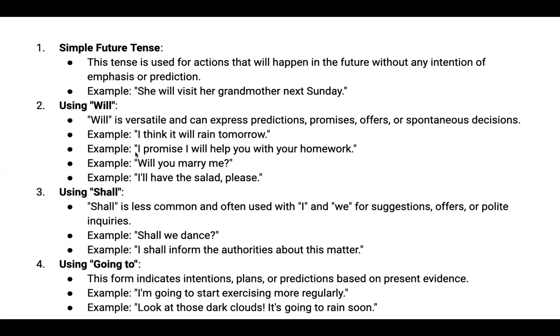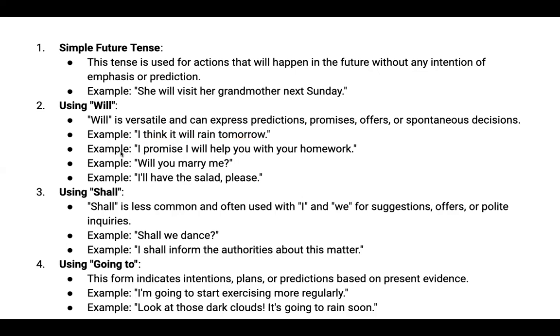But if it is used with I think, it makes a kind of prediction already presented at the beginning. I think it will rain tomorrow. So both are two different kinds of ideas, isn't it?